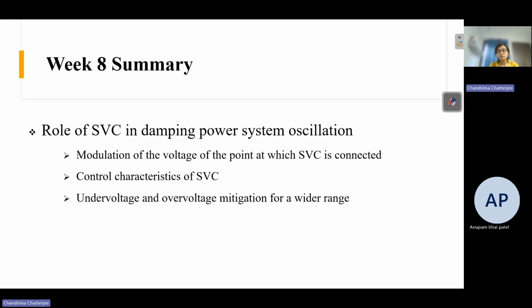Today, the main topic of discussion will be how we can control the SVC, how we can control the voltage so that damping can be provided whenever there is an oscillation in the system. And we will also solve some numericals on this topic.